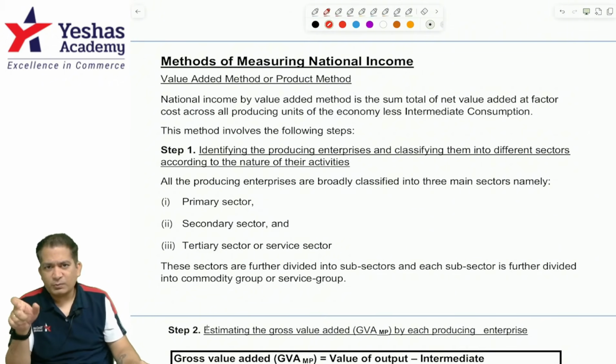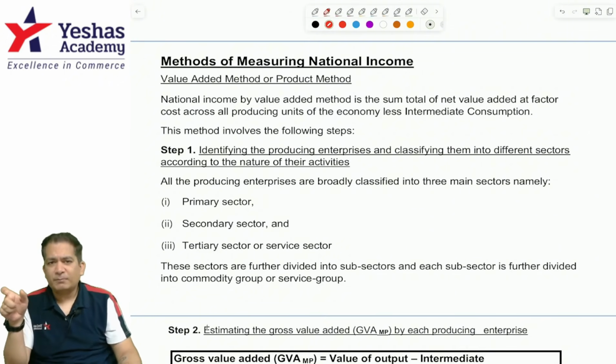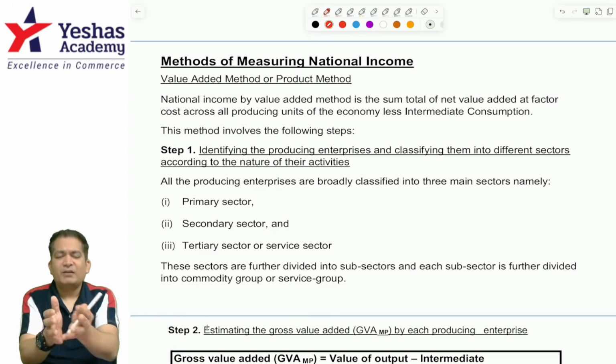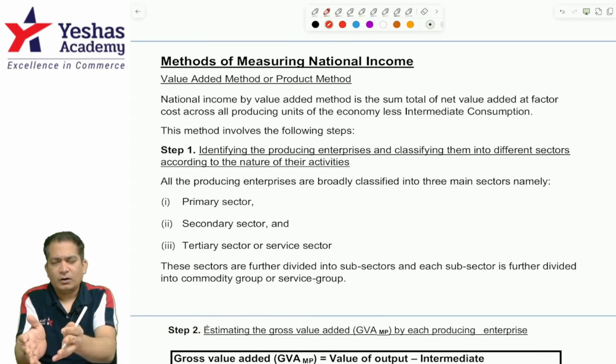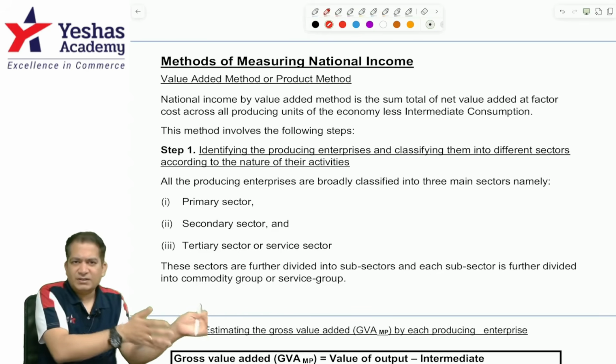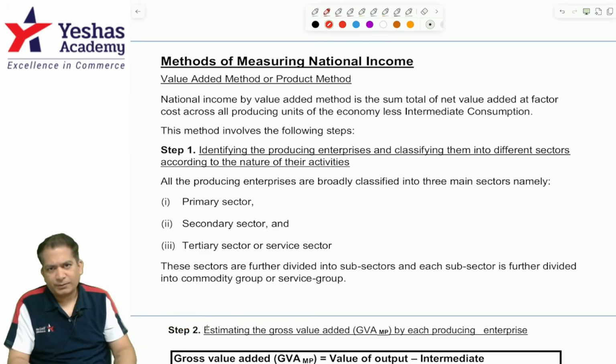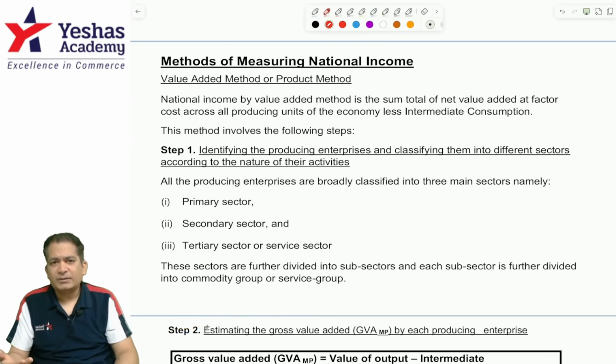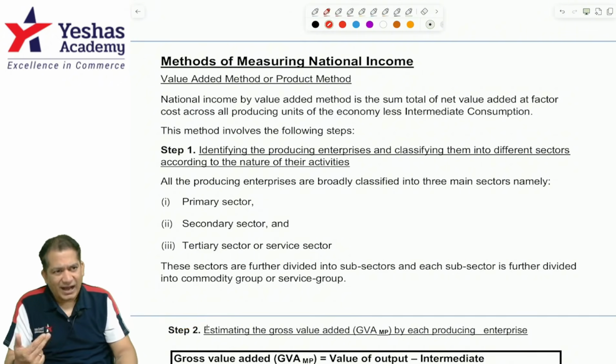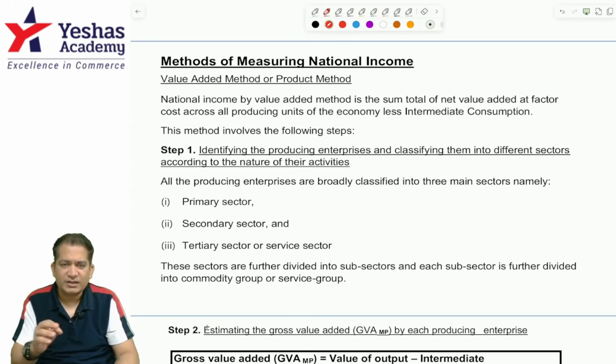Likewise, government also consumes, but it's very difficult to determine the value of government services. So what we do, we add up the entire government expenditure on infrastructure, defense, healthcare, subsidies and everything. Then gross domestic capital formation: expenditure incurred on assets, machinery, tools, equipment, locomotives are added up together as consumption of fixed capital, called gross domestic capital formation.